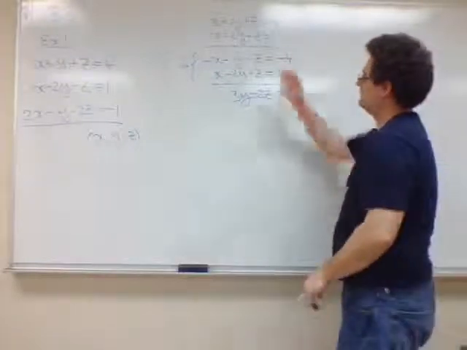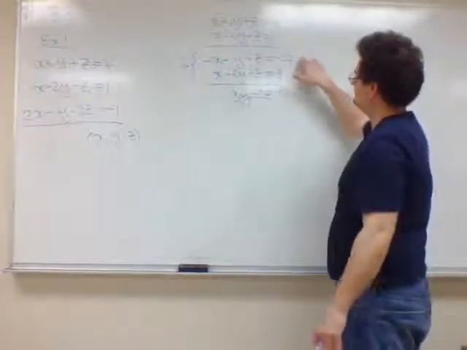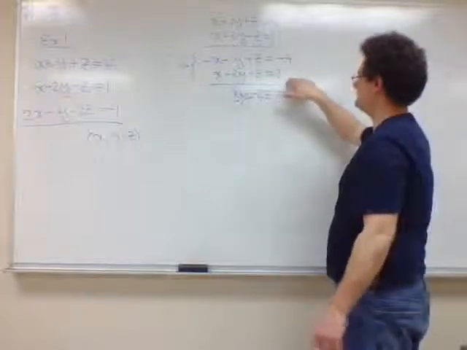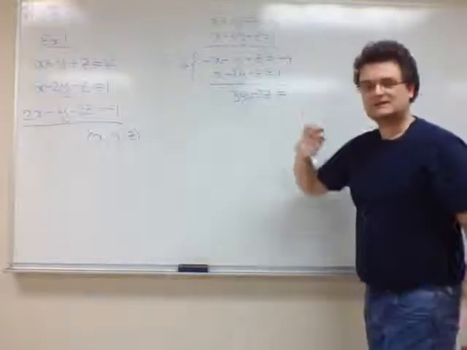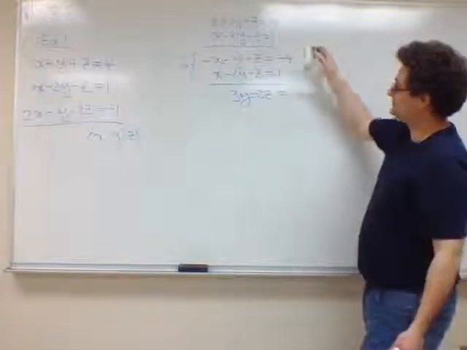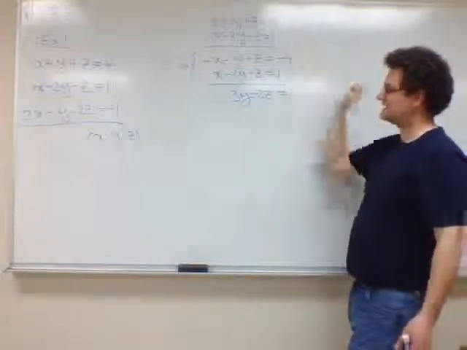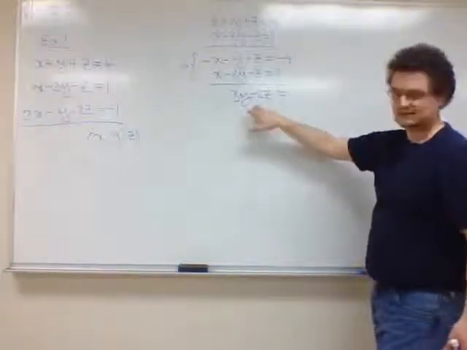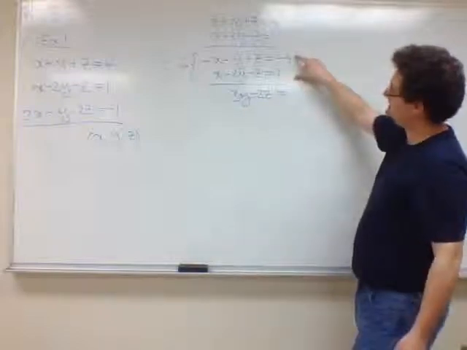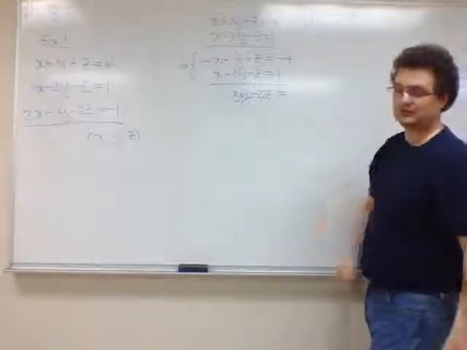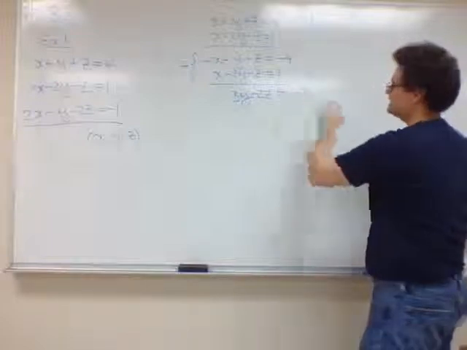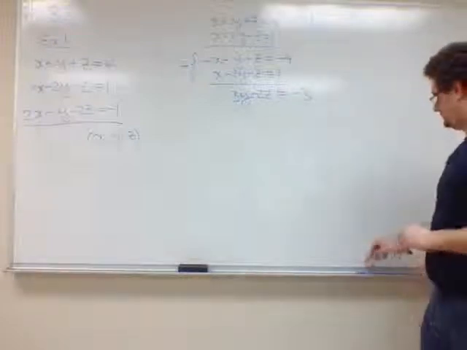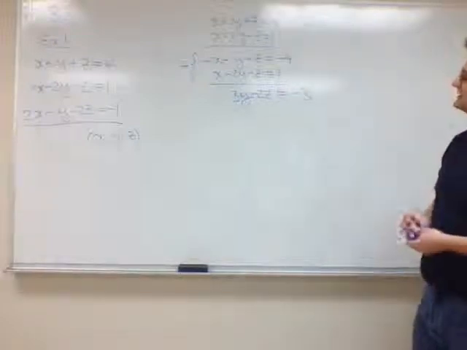The sum of the left sides is supposed to be equal to the sum of the right sides. The sum of the right sides is minus 4 plus 1, so that's going to be minus 3. So we get the equation minus 3y minus 2z equals minus 3.